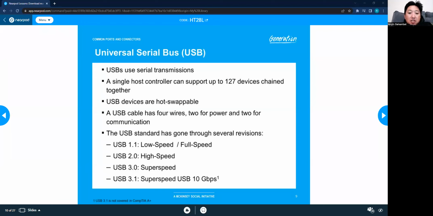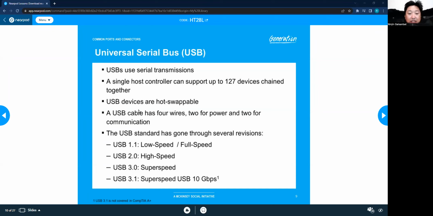The USB standard has gone through several revisions. USB 1.1, low speed, full speed, USB 2.0, high speed, USB 3.0, super speed, USB 3.1, super speed, USB 10 gigabytes, GPS, I don't know what that is. Yeah, gigabits per second. Oh, gigabits.